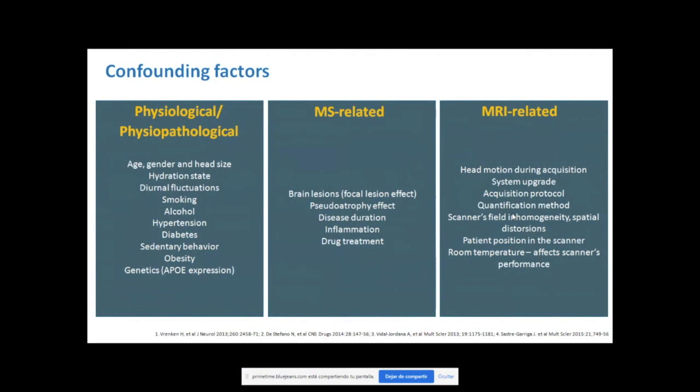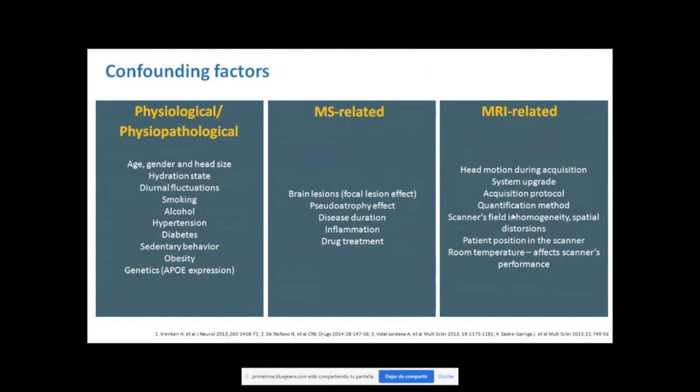In addition, other factors have been shown to accelerate brain volume loss, such as smoking, heavy alcohol intake, different vascular risk factors, and even genetic factors. And obviously, when we apply these metrics in clinical practice, we have to be aware of these factors.